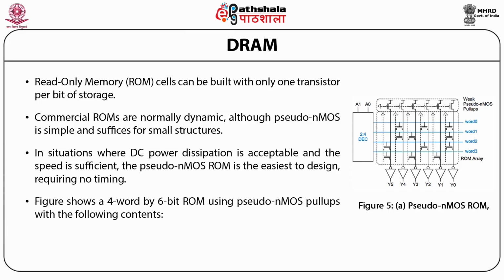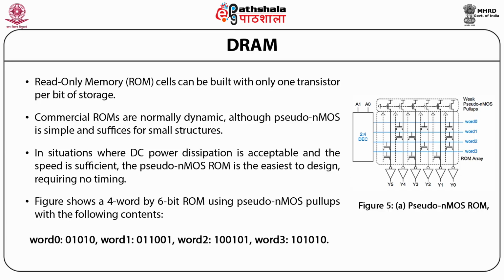So figure A shows a four by 6-bit ROM using pseudo-NMOS pull-ups with the following contents: word 0 is 010101, word 1 is 011001, word 2 is 100101, word 3 is 101010.